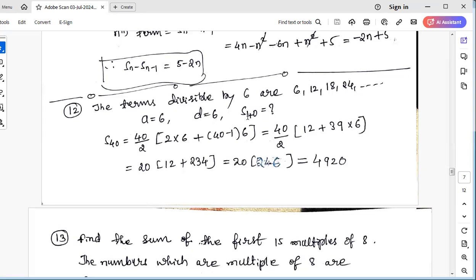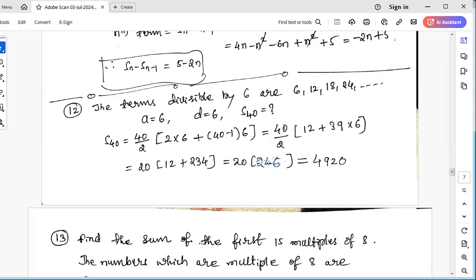For that, just use the sum formula. So S40 is equal to n by 2, so 40 by 2 into the bracket 2a, where a is 6, so 2 into 6 plus n minus 1, 40 minus 1, into d. d is 6. Simplify. It is 40 by 2 into 2 into 6 is 12 plus 39 into 6.